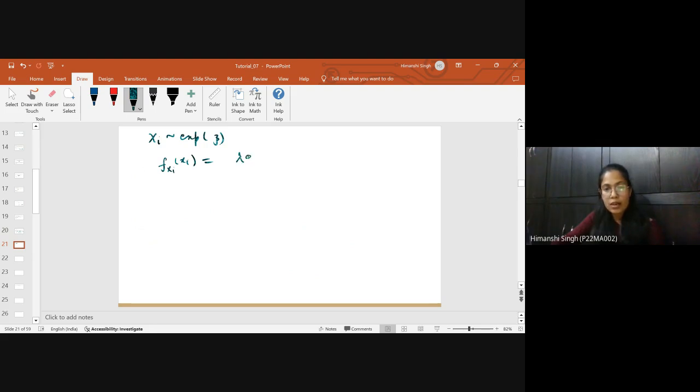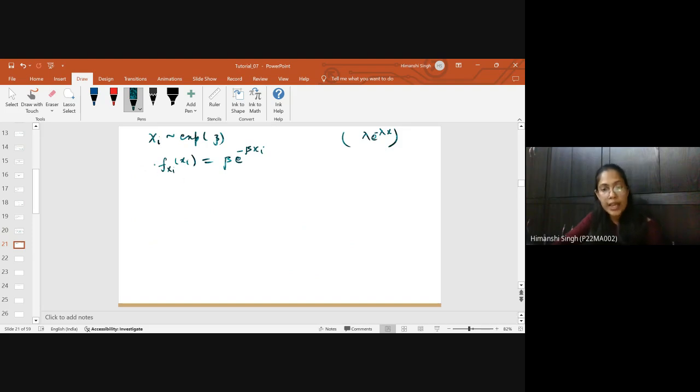So here we have the rate parameter beta, so I have beta e to the power minus beta into xi. The exponential density was lambda e to the power minus lambda x. So here, because the rate is beta, we are putting beta, and we have taken the argument to be xi, so it will be xi.